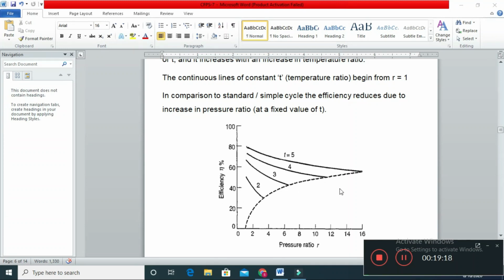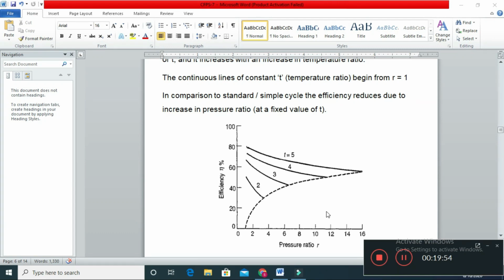It will reduce below the efficiency of the cycle which is without heat exchanger, because when the pressure ratio is increased, the compressor outlet temperature is increasing, and if we apply the heat exchanger, then instead of heating, the air temperature will decrease, and when air temperature decreases, we have to supply more heat.